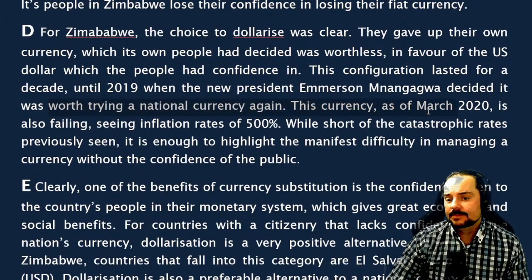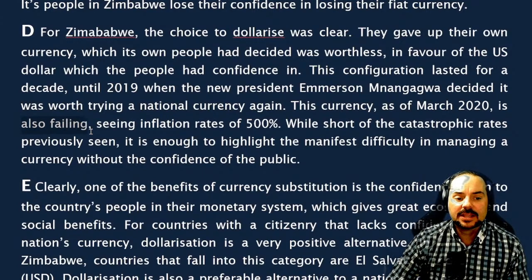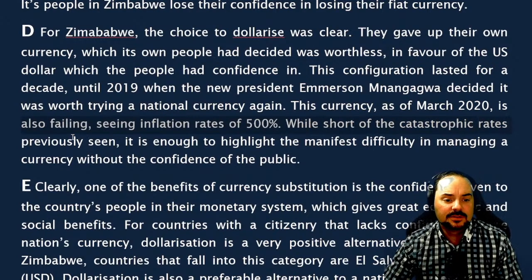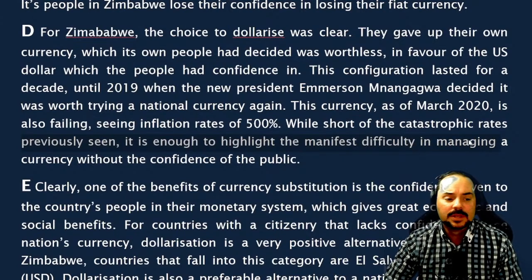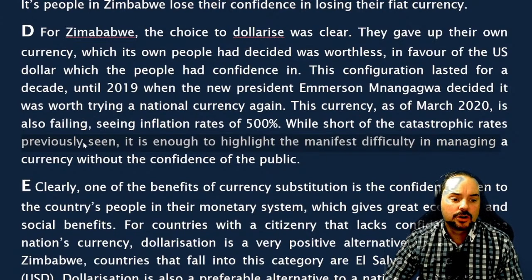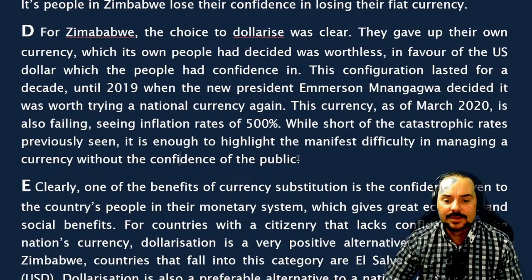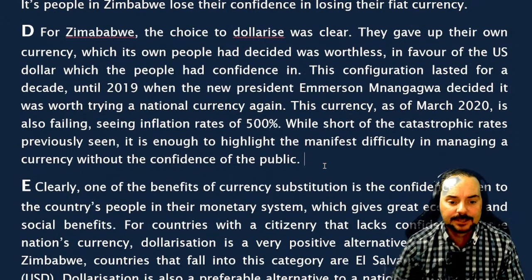This currency, as of March 2020, is also failing, seeing inflation rates of 500%. While short of the catastrophic rates previously seen, it is enough to highlight the manifest difficulty in managing a currency without the confidence of the public.